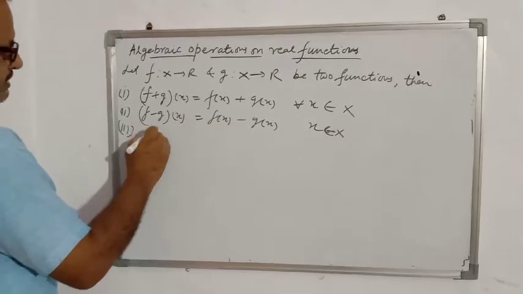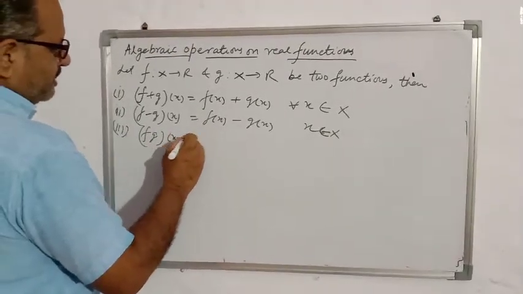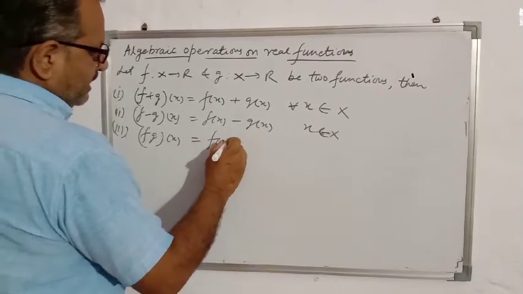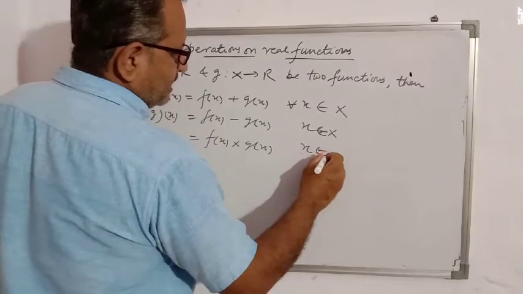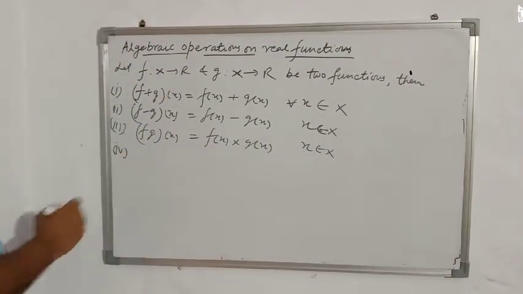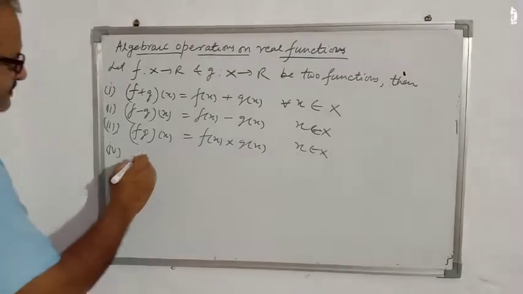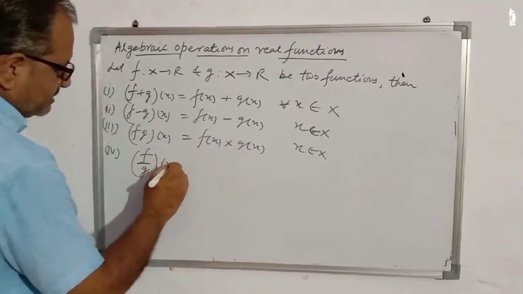Third one, product of two functions. We will write f(x) into g(x), again x belongs to X. Next, quotient of two functions. Quotient means (f by g)(x).